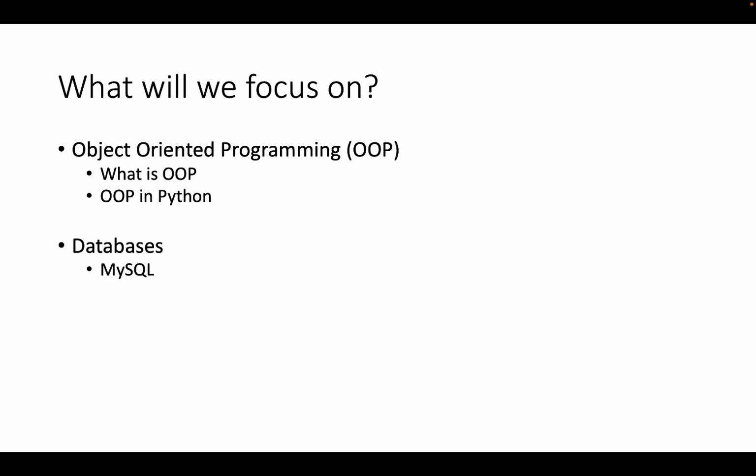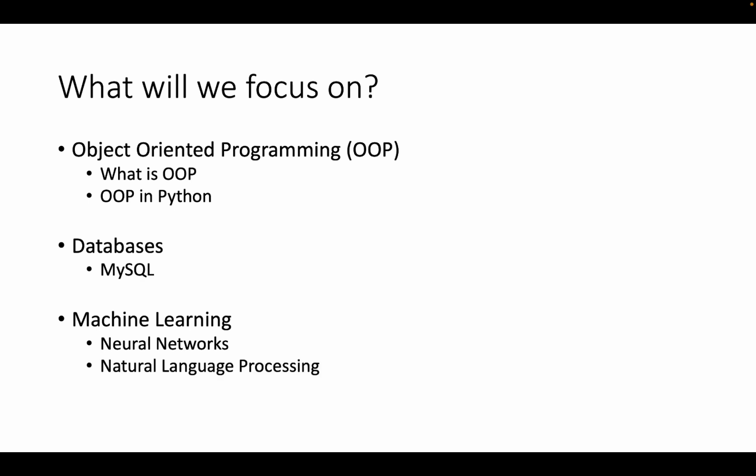And then I'm going to talk about databases, specifically MySQL. And then we will probably be talking about machine learning algorithms. We'll go over neural networks and maybe talk about natural language processing and other stuff.